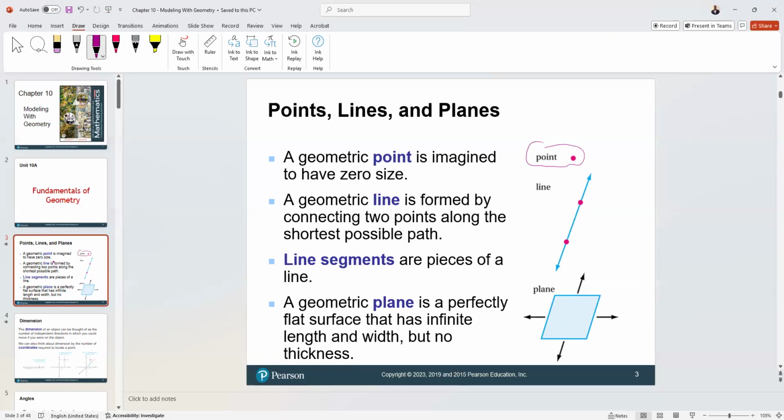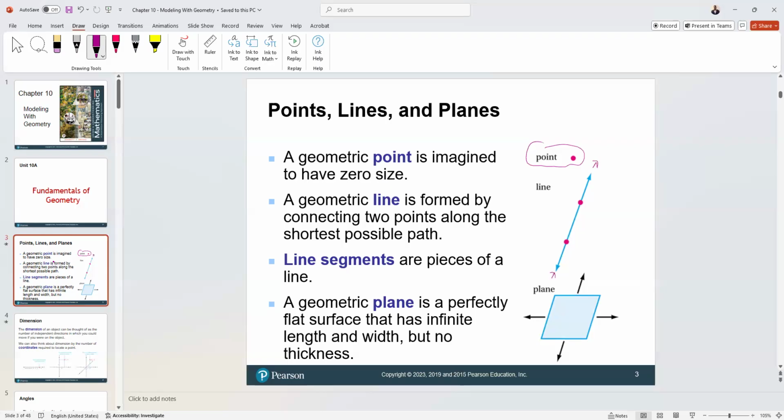A geometric line is formed by connecting two dots along the shortest possible path. It has infinite length and no thickness because no physical object is infinite in length. Very important. You can continue indefinitely in both directions.